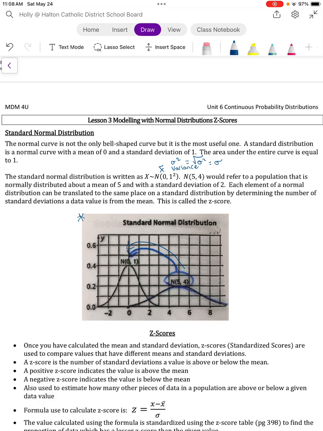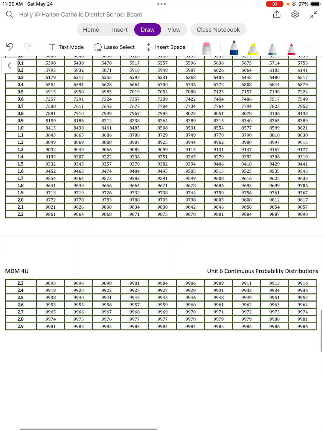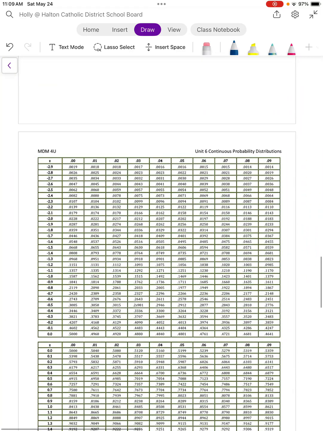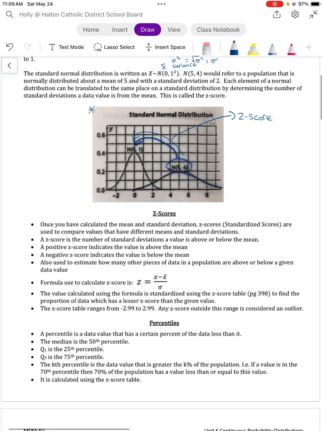So we're basically translating whatever data sets and observations we have onto this normal curve. That here is essentially your z-score. And if you look at the bottom of this lesson, you can even see these online. You see this lovely chart, and we'll show you how to use them. But these are essentially your most common basic z-scores. So I'll read through the steps here, and then hopefully it makes more sense once we actually do it.